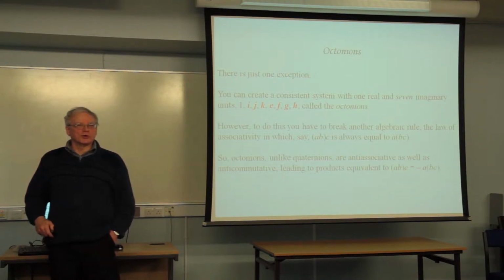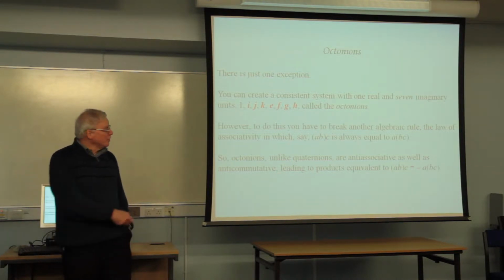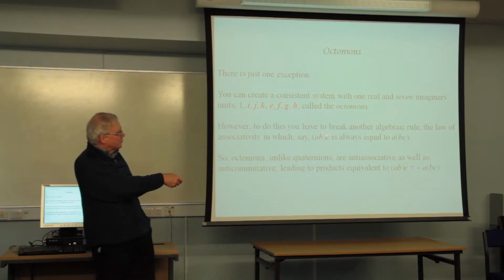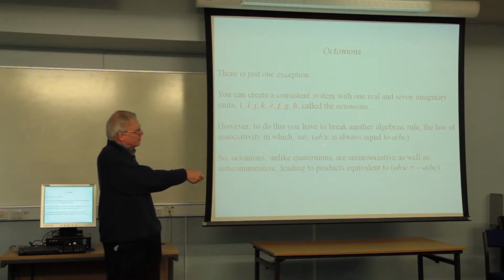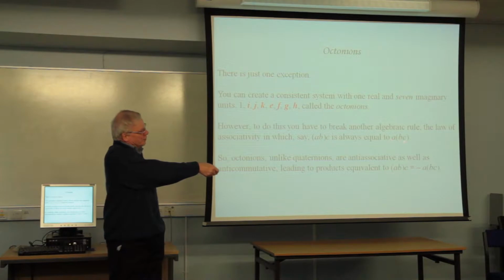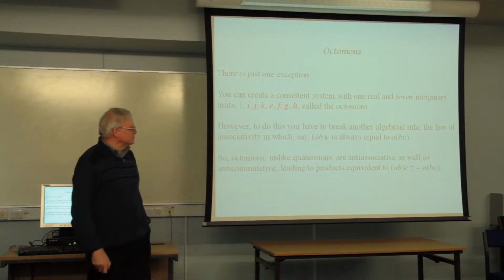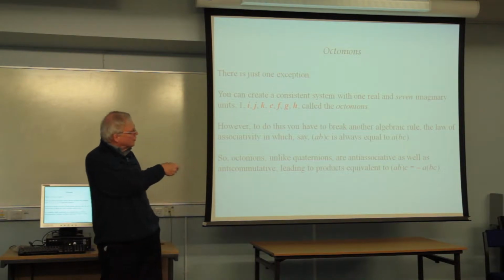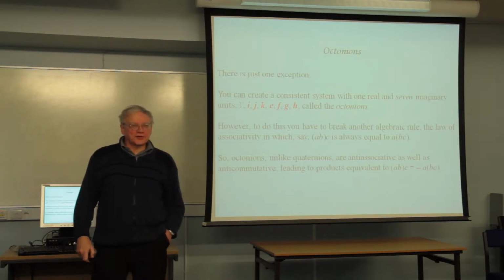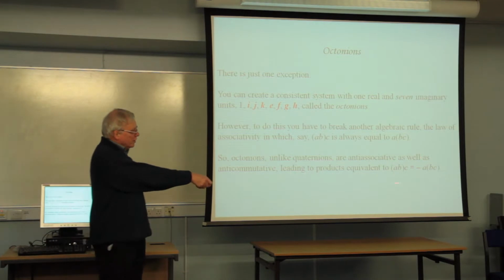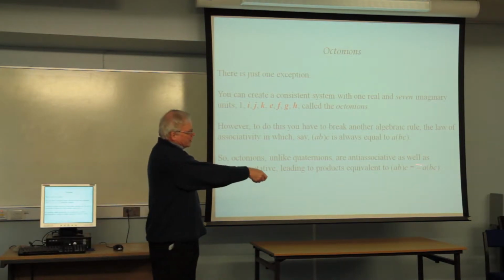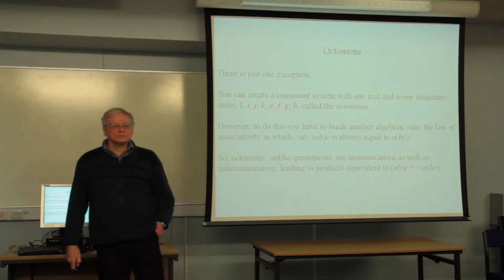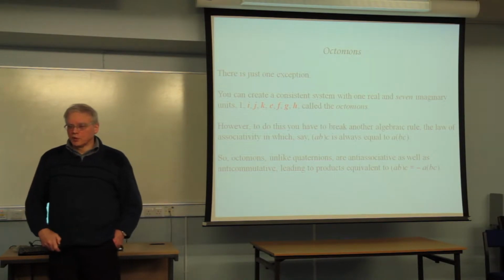You've got to break the rule of associativity. Associativity says that A times B and then multiplied by C is the same as A times B times C. And if you draw up a table of octonions, you find that they're anti-associative. So this object equals minus that object, as well as anti-commutative.